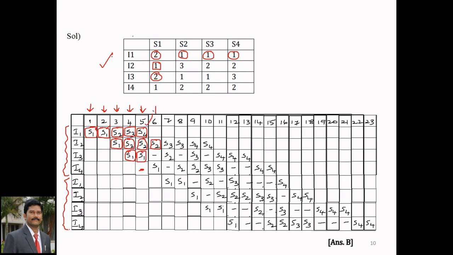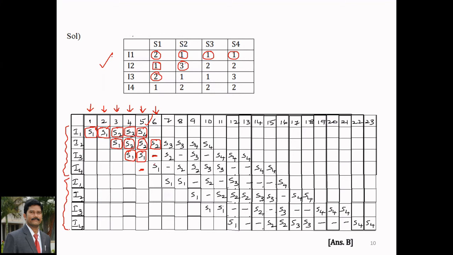Then at clock cycle 6, S2 continues: S2, S2, S2 for 3 cycles, and now it is completed. Because S2 is busy, there is a stall here; it should not enter S2 even though S1 is completed.